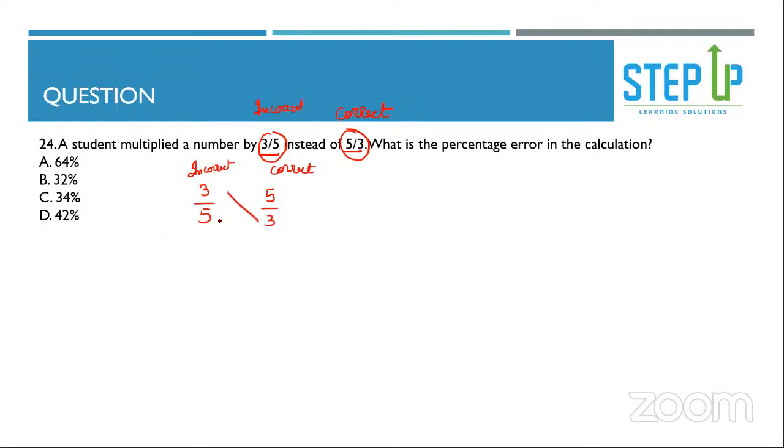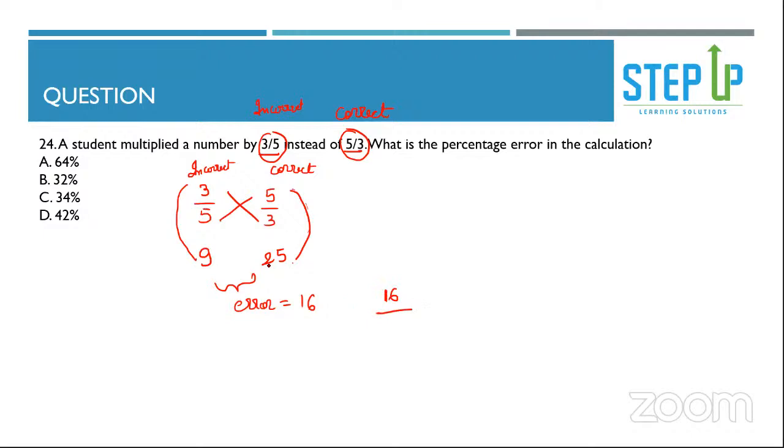You do cross multiply. We will see this in percentages also. All right, do cross multiply. So this will be 9 and this will be 25. He was supposed to write 25, but he wrote 9. What is the error he is making? Error is equal to 16. So 16 is the error on the correct value.